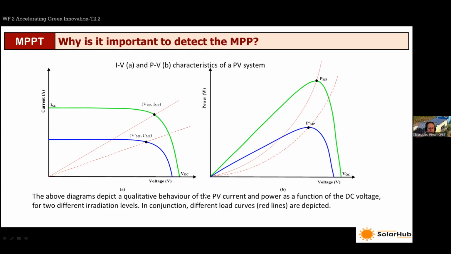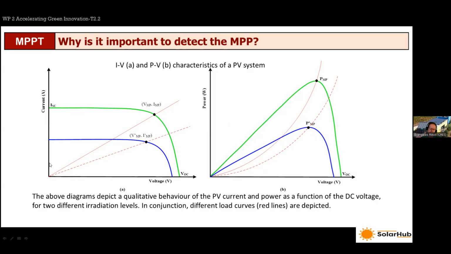In any case, if we could simplify the problem in a graphical representation here, we have the IV characteristics of one PV system for different conditions. The blue one refers to lower radiation level, for example, and the corresponding power versus voltage curves are these. So you have the blue curve here for the power, which has a lower peak.